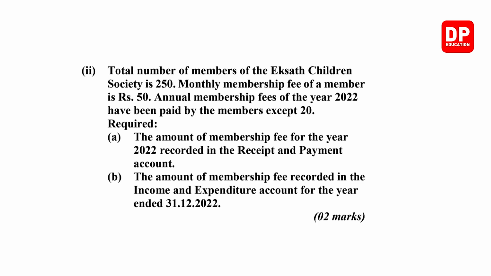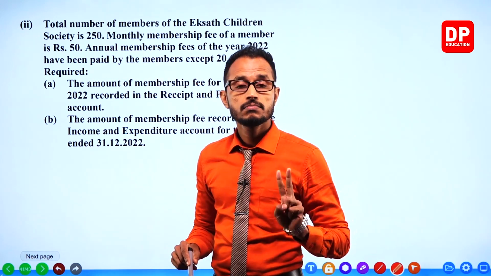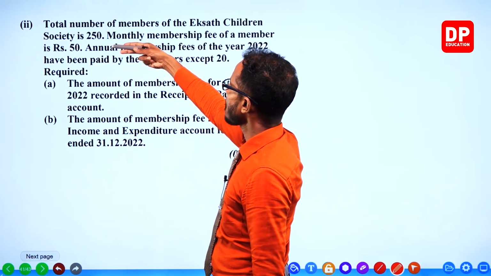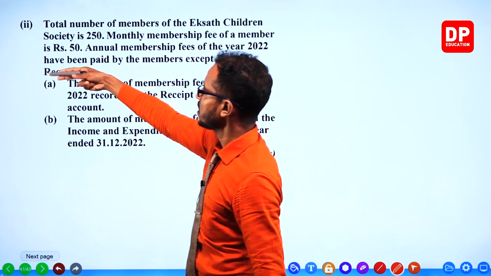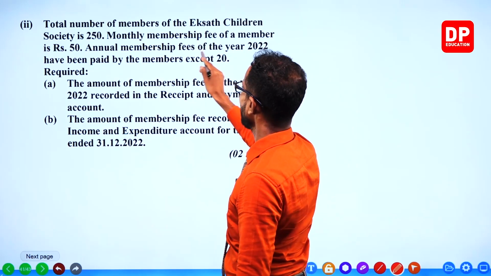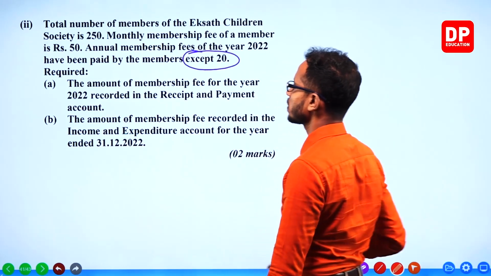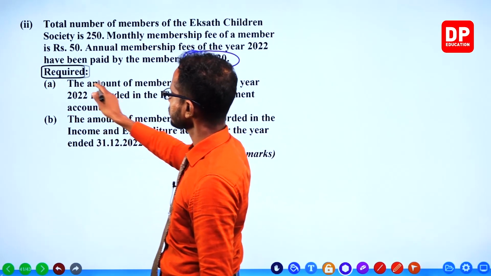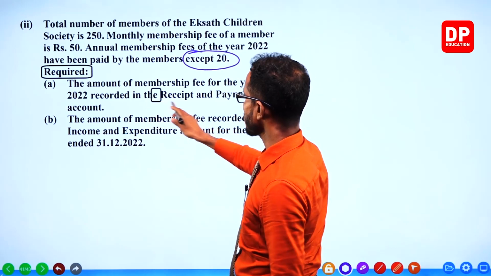Next question. The total number of members except the Children's Society is 250. Monthly membership fee of a member is 50. Annual membership fee of the year 2022 has been paid by the members except 20. 20 have not paid. Required: the amount of membership fee for the year 2022 recorded in the receipts and payments account.